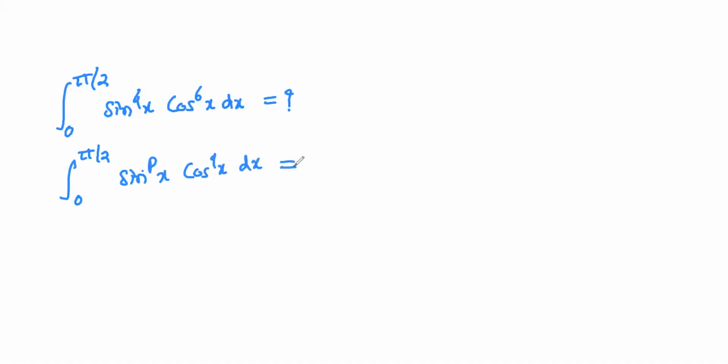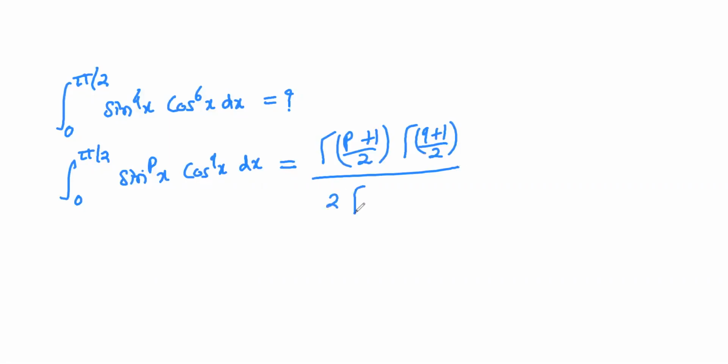What we have written? Just write it down. This is a formula based question. Okay, this we have written: gamma p plus 1 upon 2, gamma q plus 1 upon 2, divided by 2 into gamma p plus q plus 2 upon 2. Is it so? Isn't it?